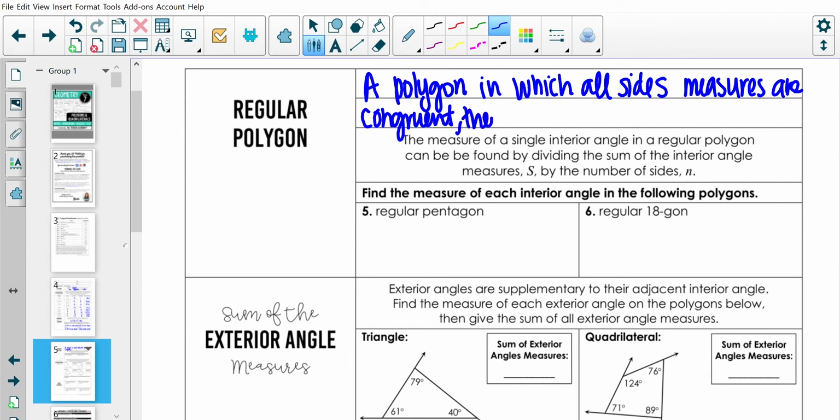Therefore, all angle measures are congruent. I just drew an angle sign so that I'd have enough room.